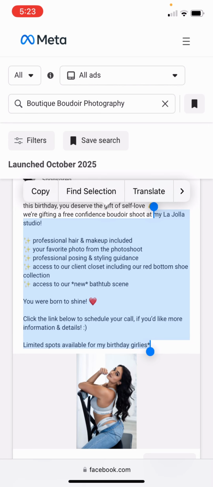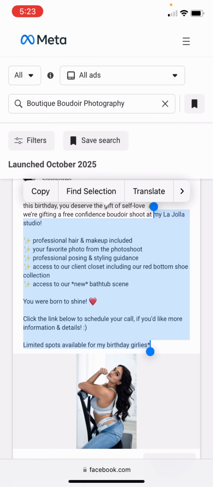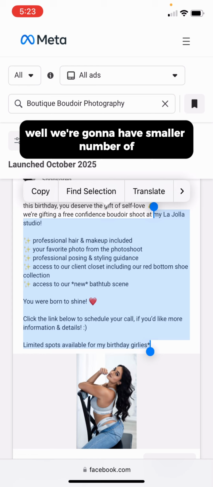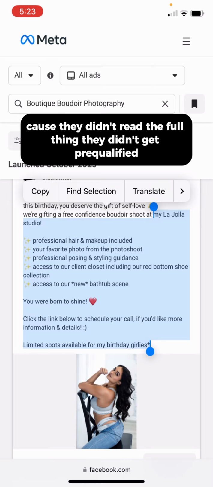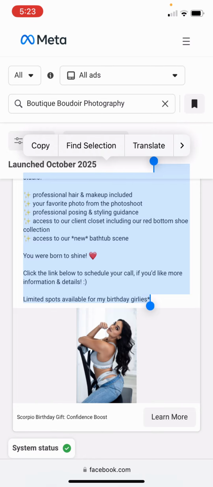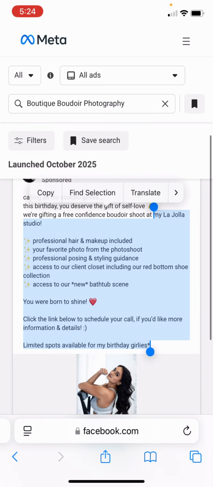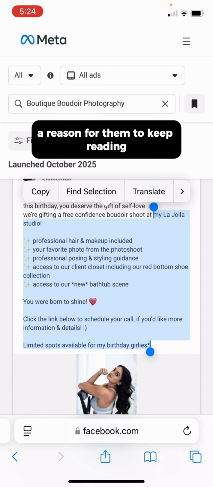So we're going to have a smaller number of high quality leads coming through because they didn't read the full thing. They didn't get pre-qualified, but I guess it's good enough for them to click learn more. So we're missing a reason for them to keep reading.